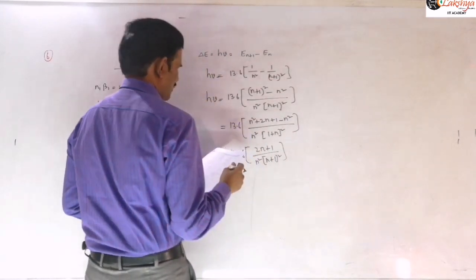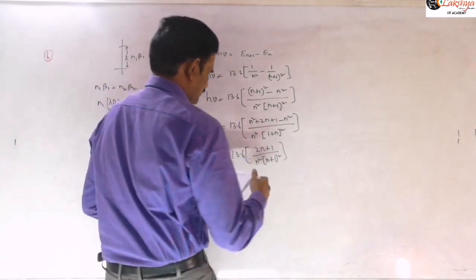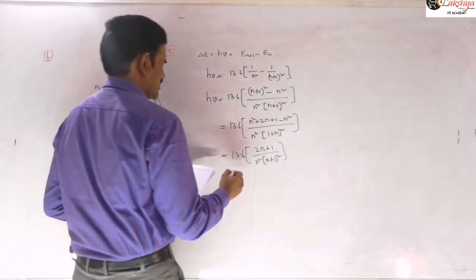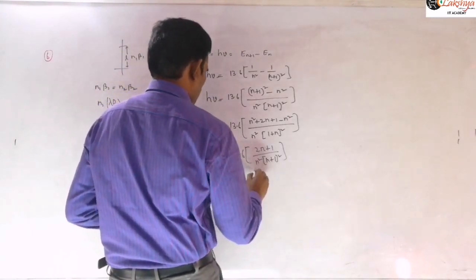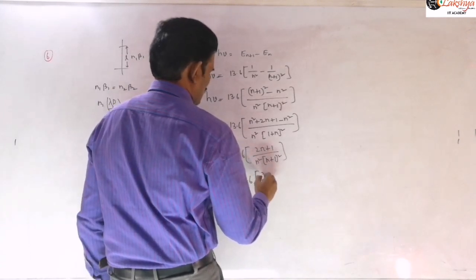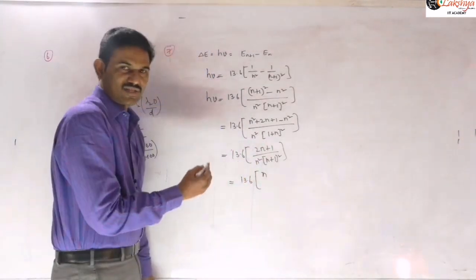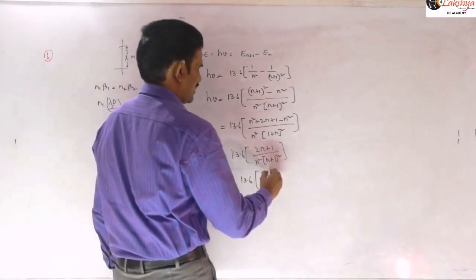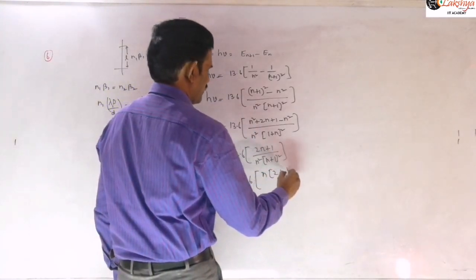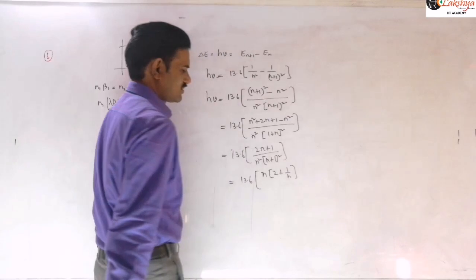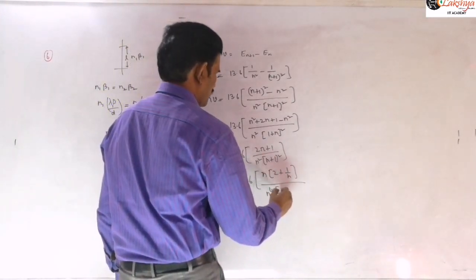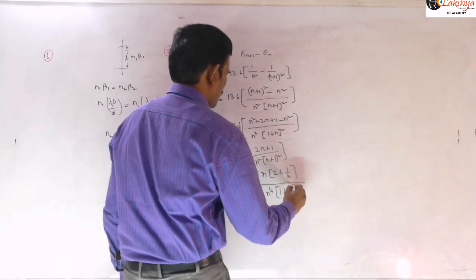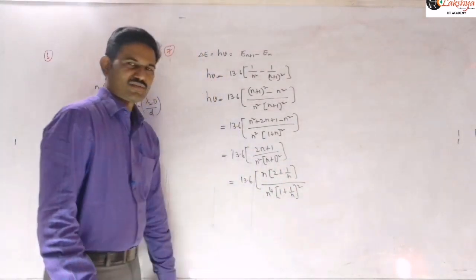Now the given approximation is n is very much greater than 1, so we can write this expression as 13.6 into, taking n common in the numerator, 2 plus 1 by n, by n power 4 into 1 plus 1 by n whole square. Is it clear?